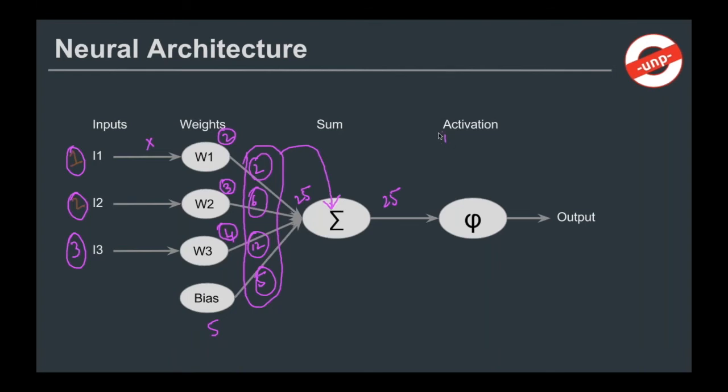Now activation can be sigmoid, tanh, ReLU, it can be softmax, and a bunch of other stuff. What are activations? Let's take the sigmoid for example.